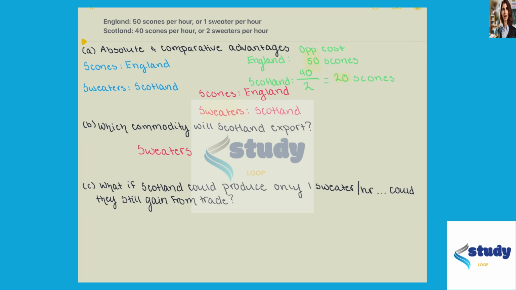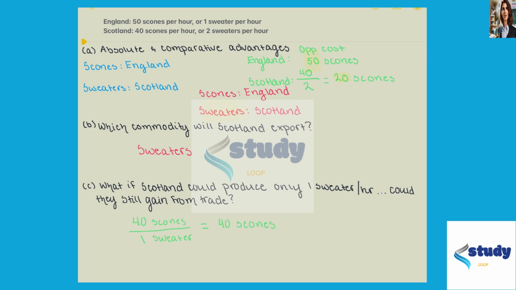They can still produce those 40 scones per hour, but now they can only produce that one sweater as compared to the 2 that they could do before. So this is giving us now an opportunity cost for Scotland of producing sweaters equal to 40 scones.